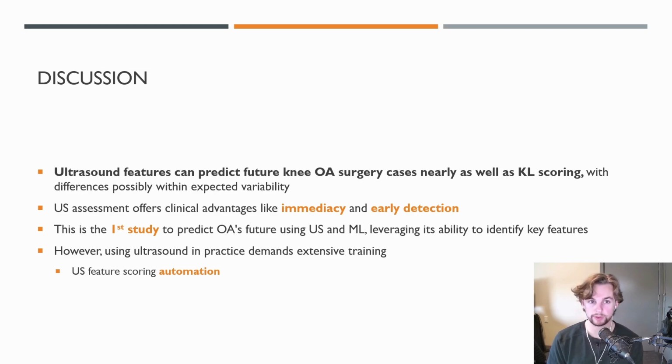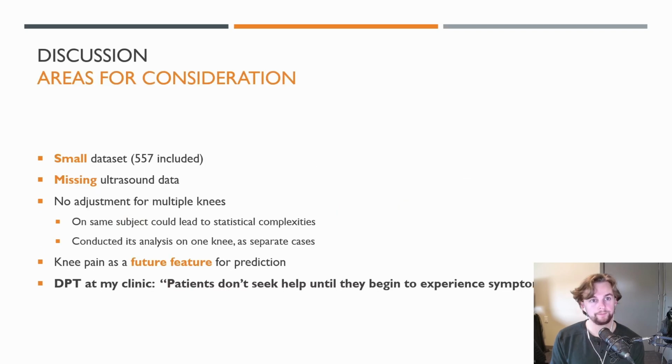One of the things for consideration is that maybe in the future we can automate the ultrasound feature scoring process, because they were expert sonographers, but there's still human error, which if we're able to automate that part of the diagnosis, there might be a little bit more consistency across the feature scoring. A couple more areas for consideration. So this was a relatively small data set.